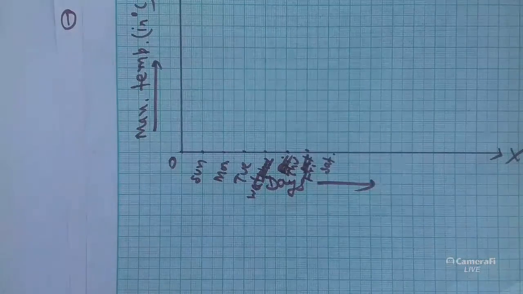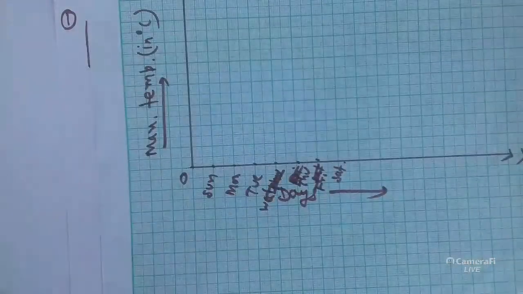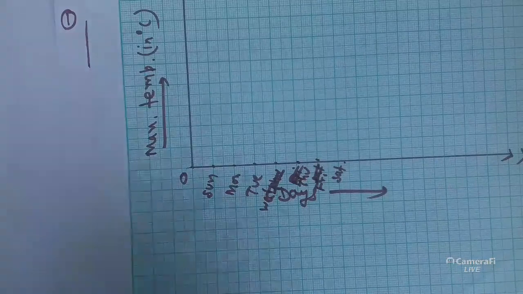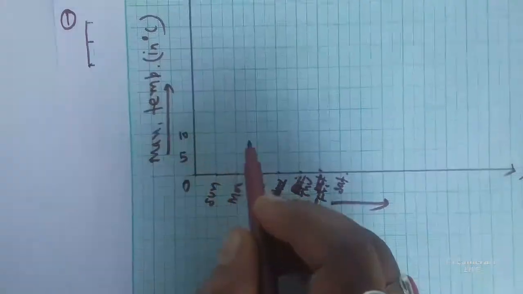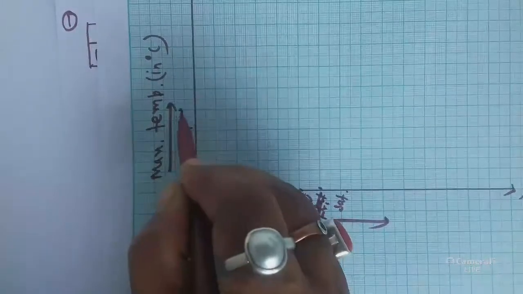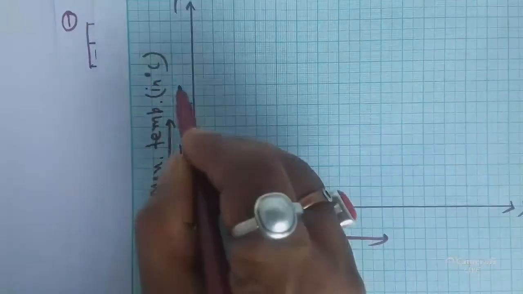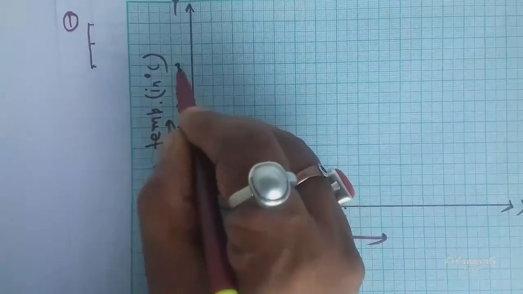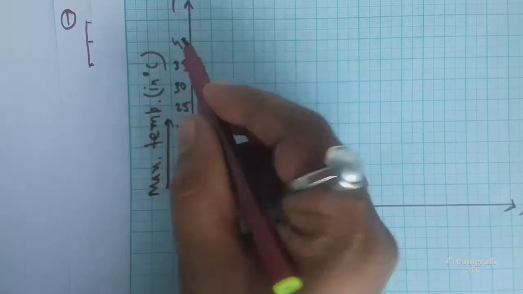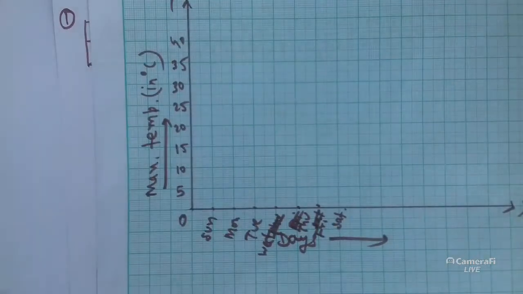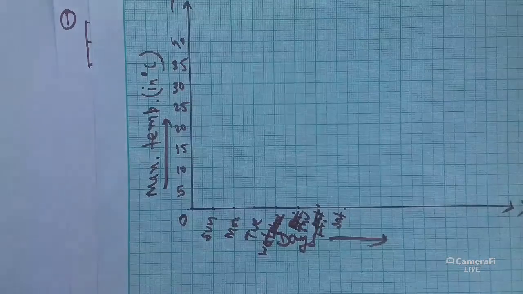So that means we have to take 1 unit is equal to 5 degrees centigrade. So it is 5, 10, then 15, 20, 25, 30, 35 and 40. The maximum temperature given is 34, so 40 is enough.